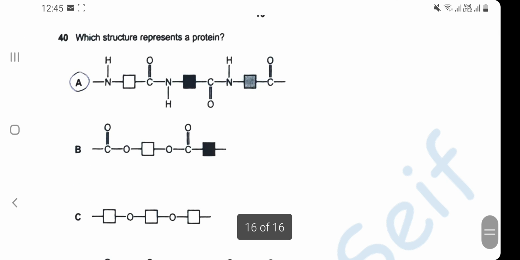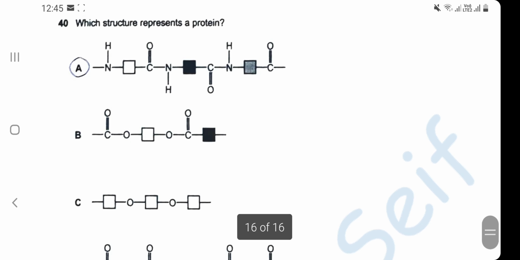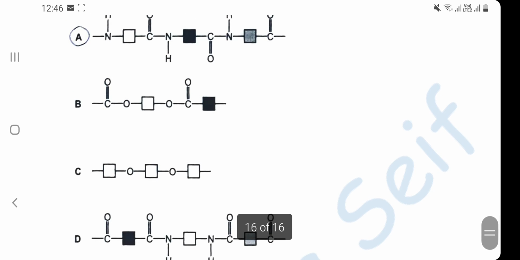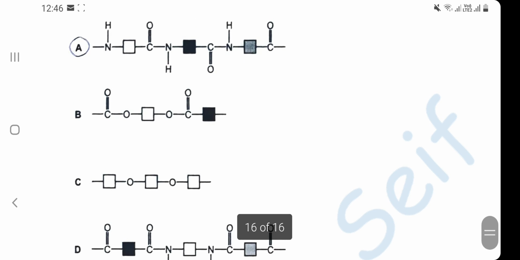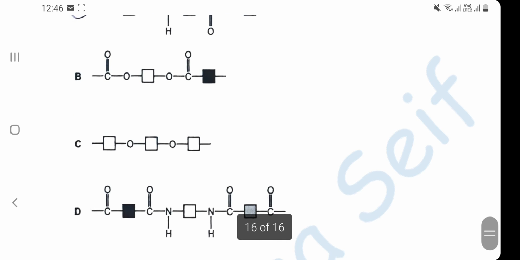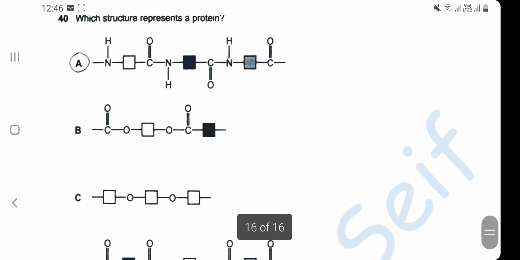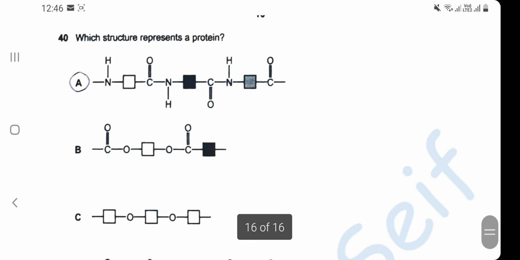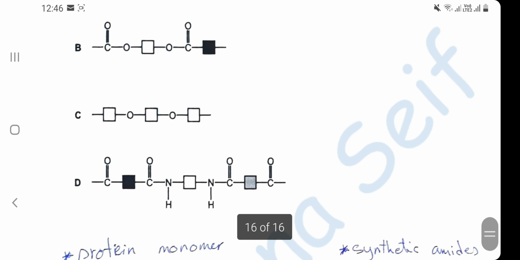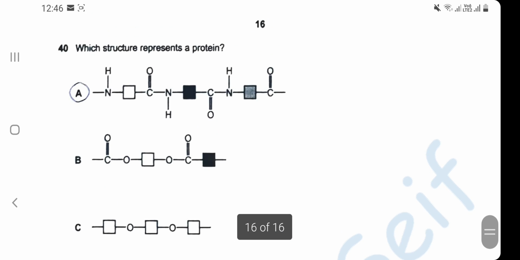Here, which structure represents a protein? Protein has an amide linkage, which can be represented as CO and NH. This is the amide linkage. So here we have two molecules that have this amide linkage, A and D. A has a CO-NH bond, and D also has a CO-NH bond.